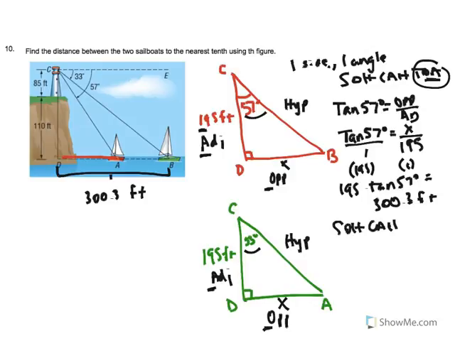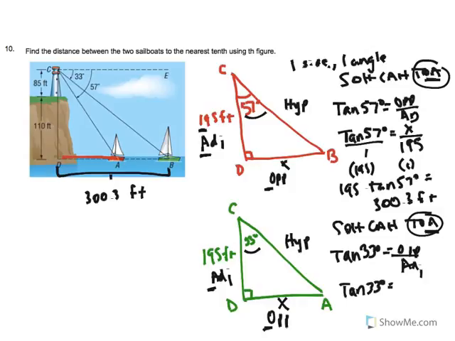I write out my acronym. I find OA here. I'm going to use tangent. So the tangent of 33 equals opposite over adjacent. So now I get tangent of 33 equals opposite is x, adjacent is 195.